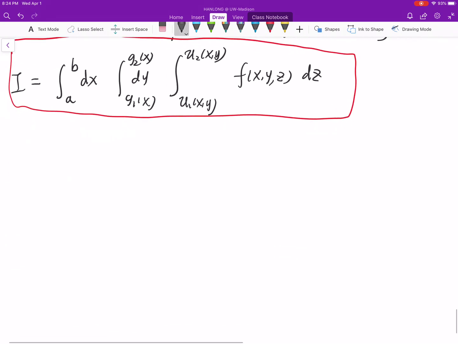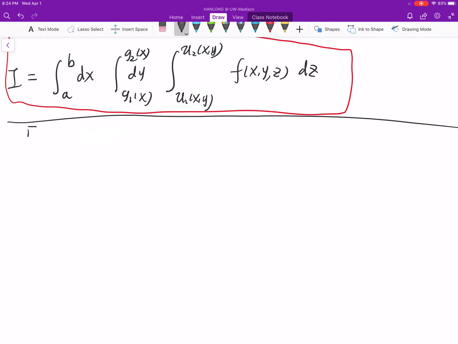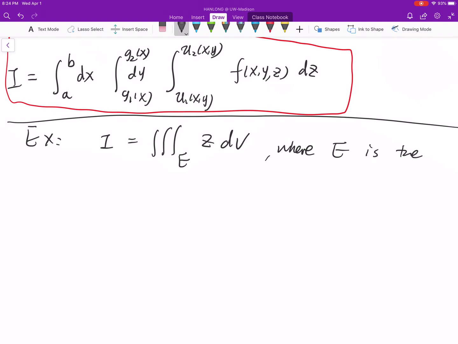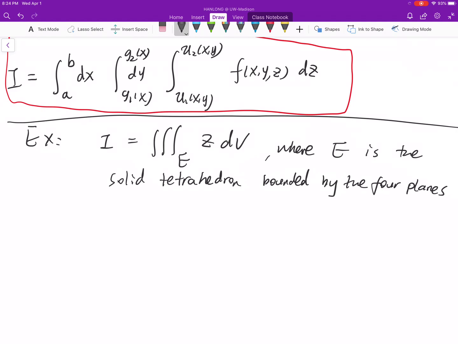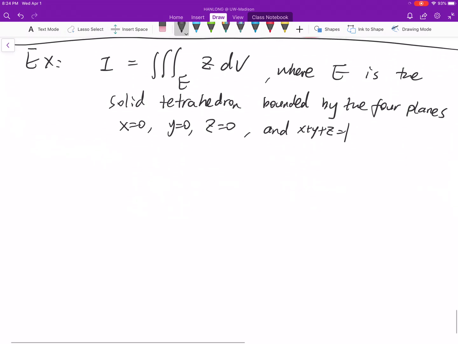Okay, now let's work on some examples. We are going to evaluate the integral of function z over region E, where E is a solid tetrahedron bounded by the four planes x is 0, y is 0, z is 0, and x plus y plus z equals 1.